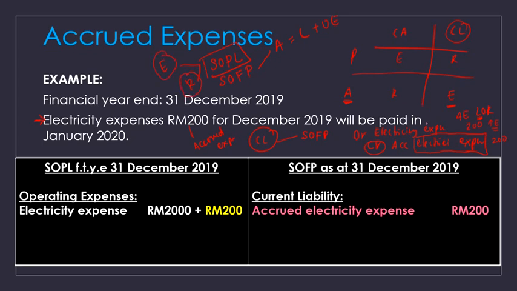Since electricity expenses ialah expenses, therefore kita perlulah tambah dekat statement of profit and loss kita. Sebab kita kata kita debit expenses kan? Bila kita debit expenses menunjukkan expenses kita bertambah. That's why kita kena tambah. This is the adjustment that we must do.